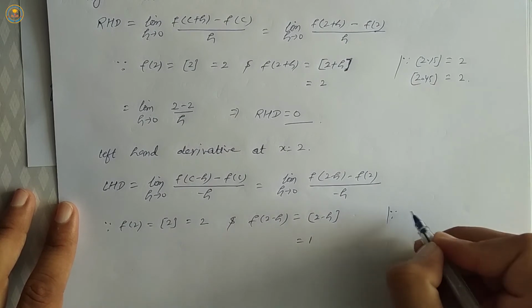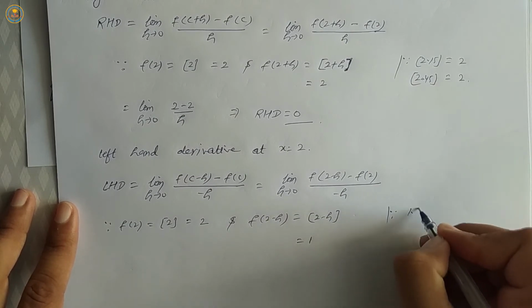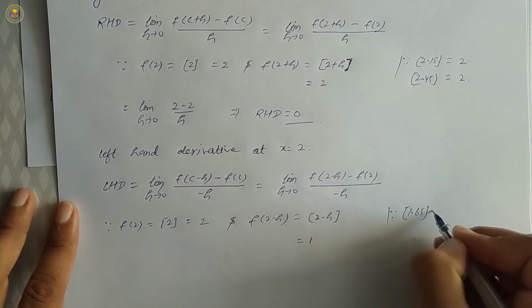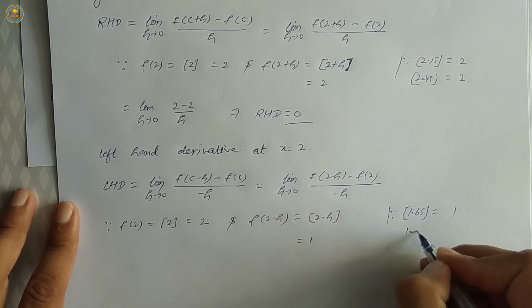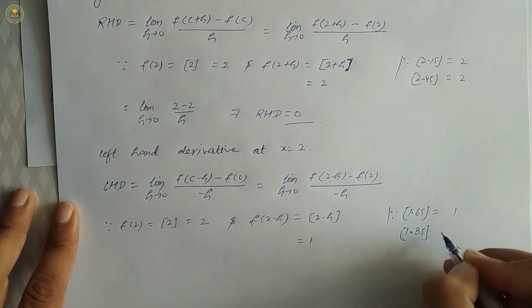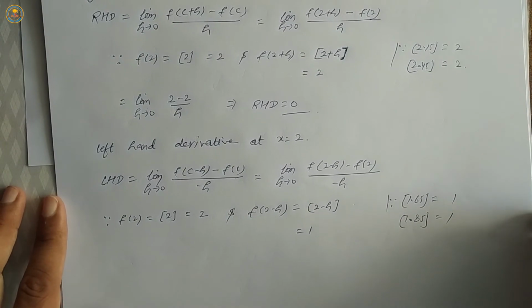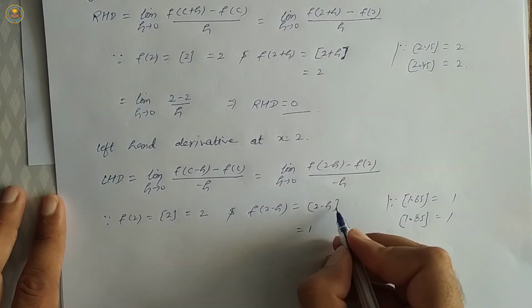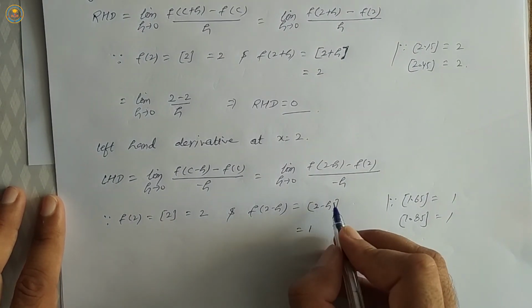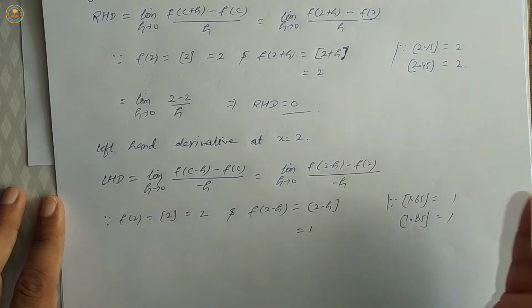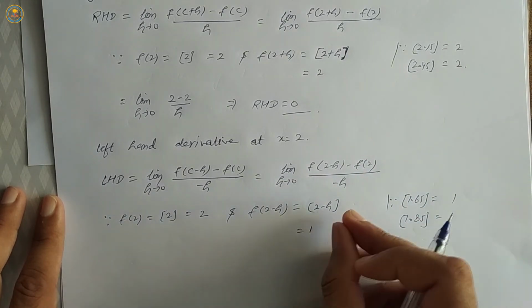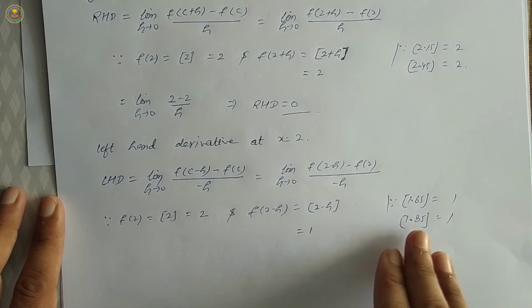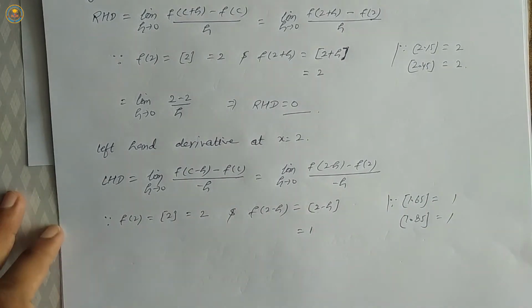Because 1 point something is equal to 1, 1.85 is equal to 1. Okay. 2 minus anything small is 1 point something, which is equal to 1. Okay.